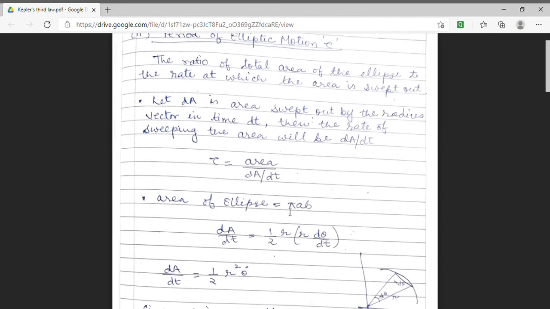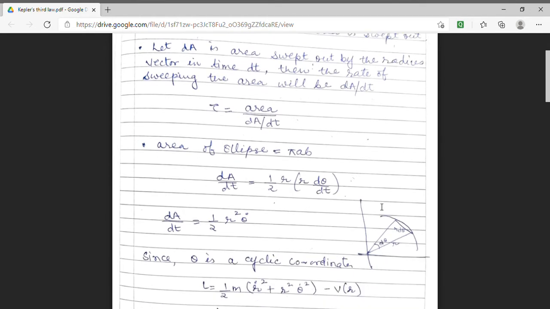Here in this diagram we have shown an orbit at a distance of radius vector r. Now I am considering this orbit with an inclination of angle d theta. Then this is my new position. So we have this in the shape of a triangle, and we know that the area of a triangle is half base into height.